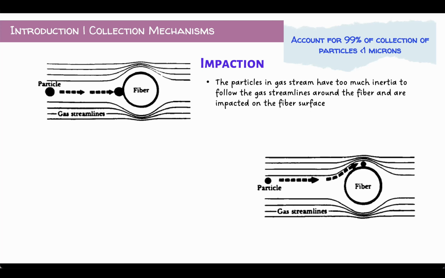Impaction is an inertial mechanism that is most effective on particles larger than about 1 micron. In collection by impaction, the particles in the gas stream have too much inertia to follow the gas stream lines around the fiber and are impacted on the fiber surface.